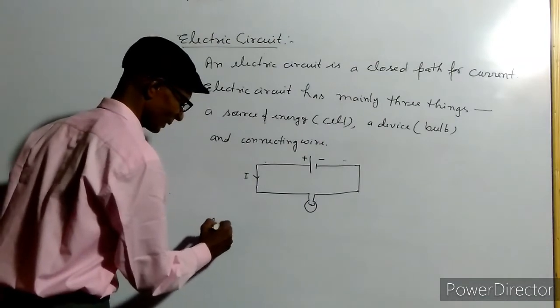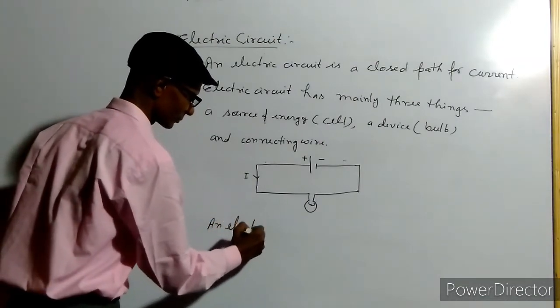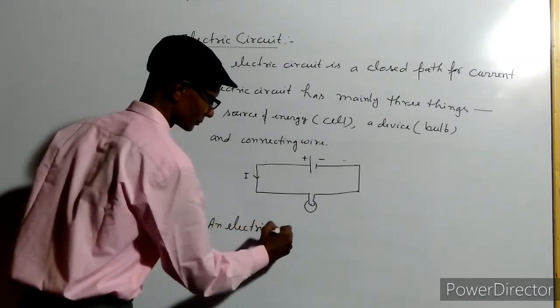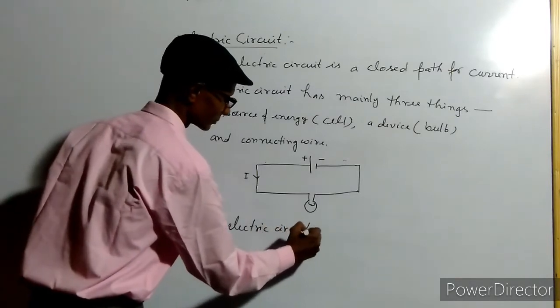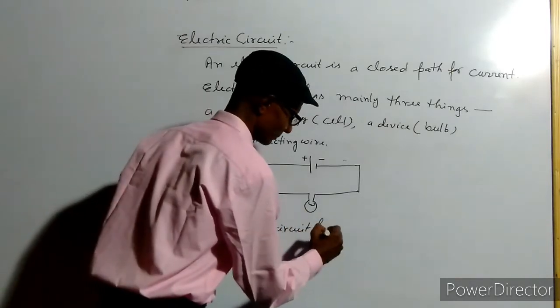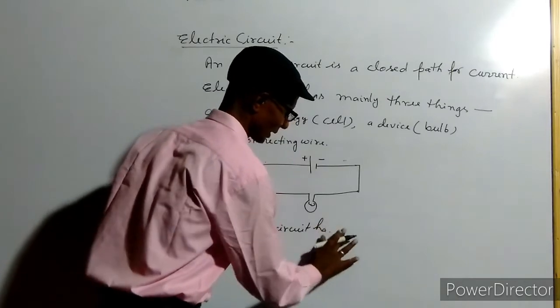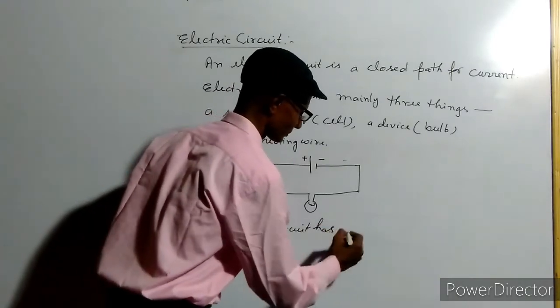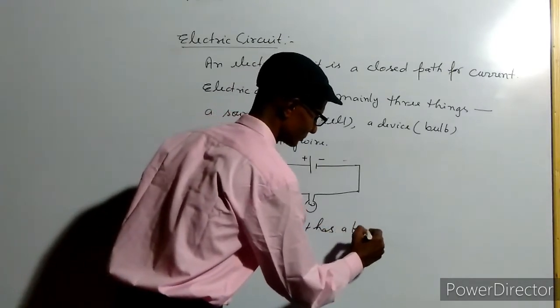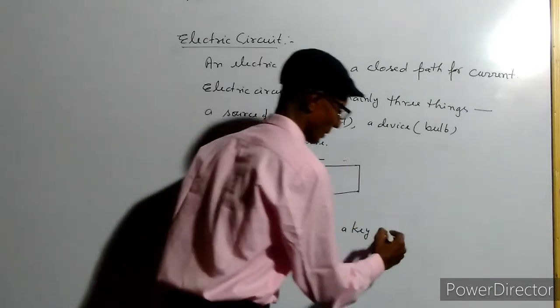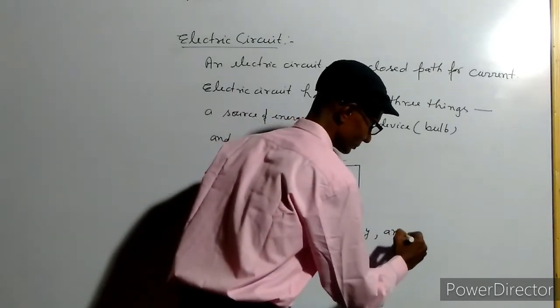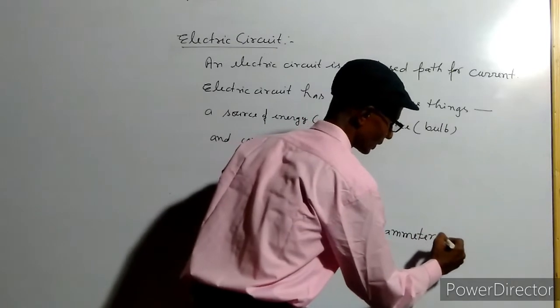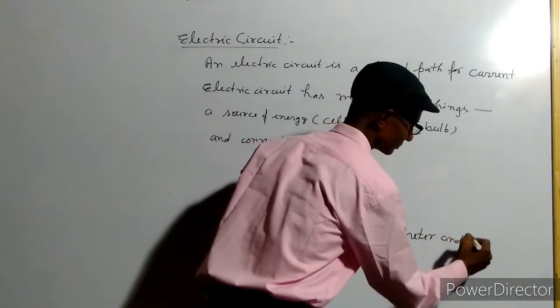An electric circuit has a key, ammeter and voltmeter.